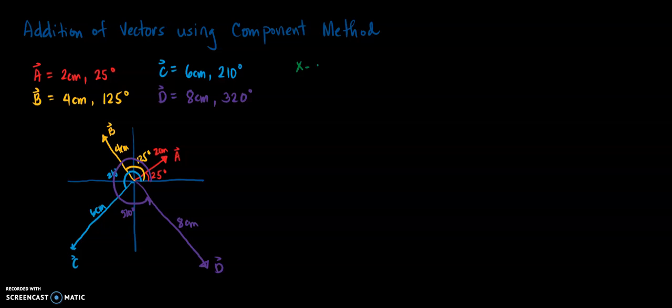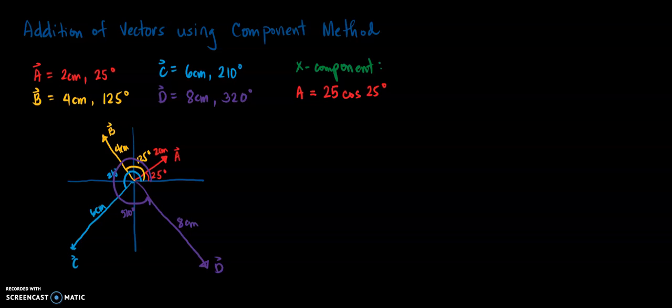For the x component of vector A, that is the magnitude of vector A multiplied by the cosine of theta, which is the angle formed by vector A from the positive x-axis, and that is 25 degrees.